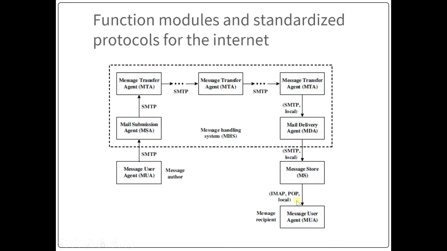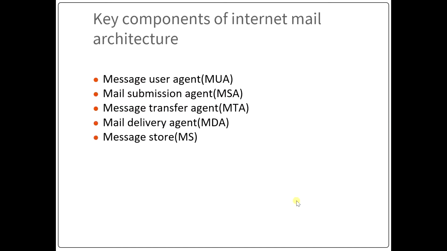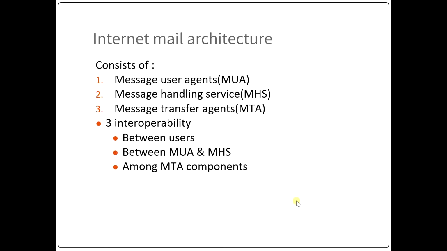So this is regarding the fundamental key components that will be used in the internet mail architecture. When we specified the key components, we specified the MUA, MSA, MTA, MDA and MS, and we also specified the message handling service, which is MHS.